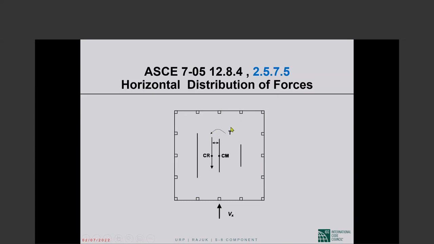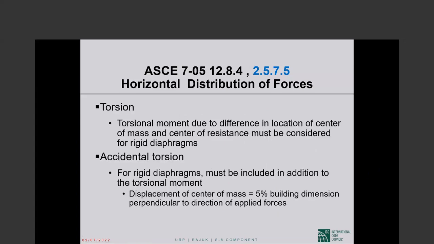The picture is simplified in the sense that torsion will not only go to these elements in the up and down direction. Some of the torsion will be resisted by those frames, and that I did not indicate in the figure. So it's kind of a simplistic figure, but the point I'm trying to make is made with that figure.